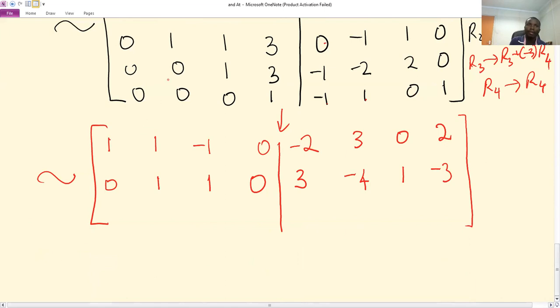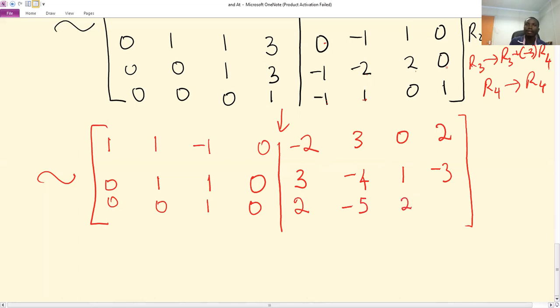And then 0, 0, 1. This will be 0. And then minus 1 plus minus 3 times minus 1 is minus 1 plus 3, which is 2. Minus 2 plus minus 3 times 1 is minus 5. And then 2.